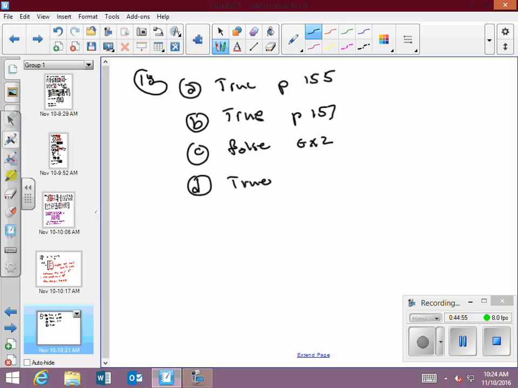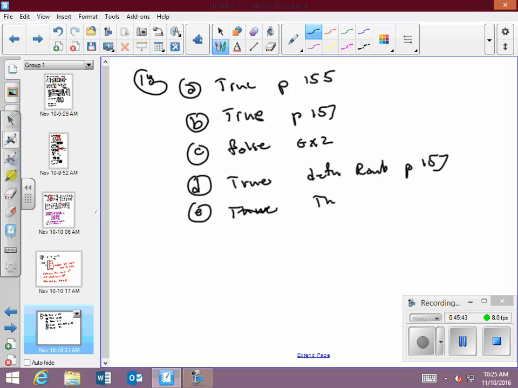If you look at the definition of rank, page 157, it says the rank of a matrix A, denoted by rank A, is the dimension of the column space of A. E says if H is a p-dimensional subspace of Rn, then a linearly independent set of p vectors in H is a basis of H. That's true.